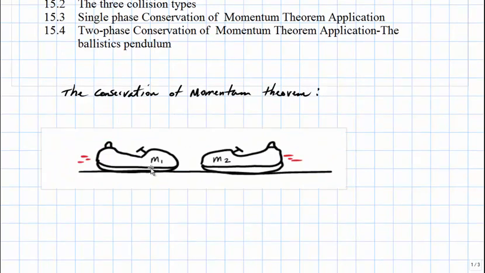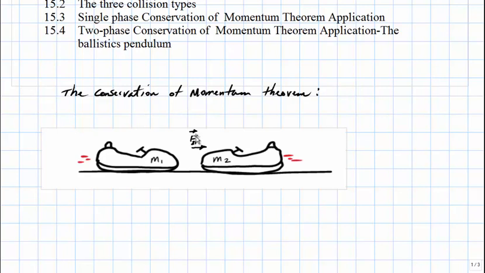This diagram shows two bumper cars that are about to collide with one another. We labeled the mass of the first bumper car as M1 and the second bumper car has a mass of M2. During the collision, we know that M1 will apply a force onto M2 that's directed towards the right.